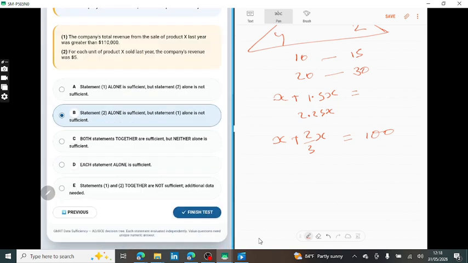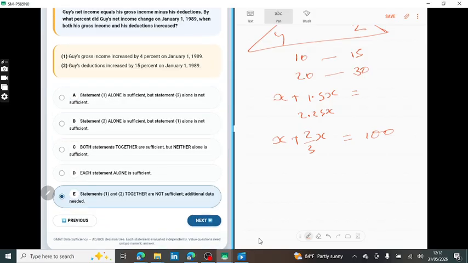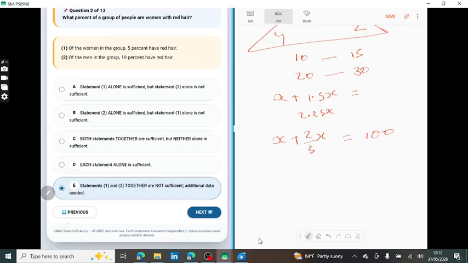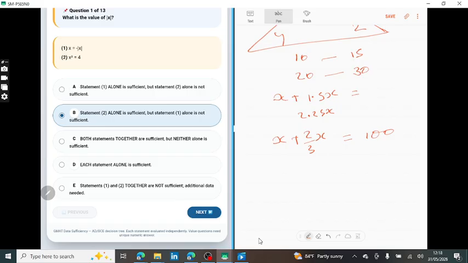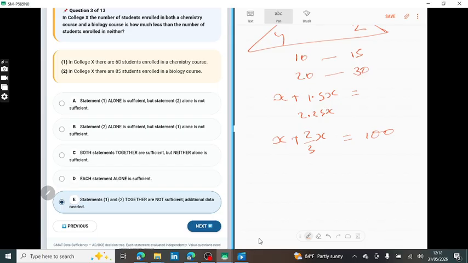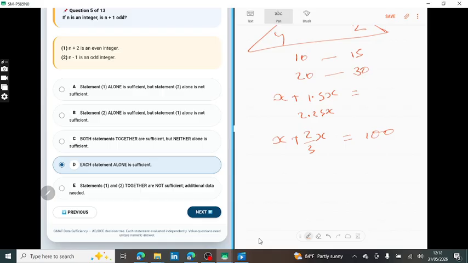I have 2 minutes. Let me quickly check the answers, because it will be good to get all the answers correct. This one is E. This one is E. This one is E. This one is E. Too much E, not good though.